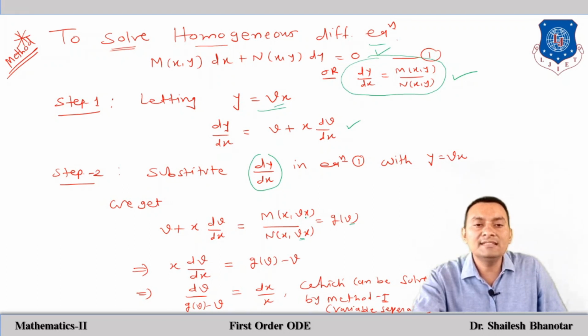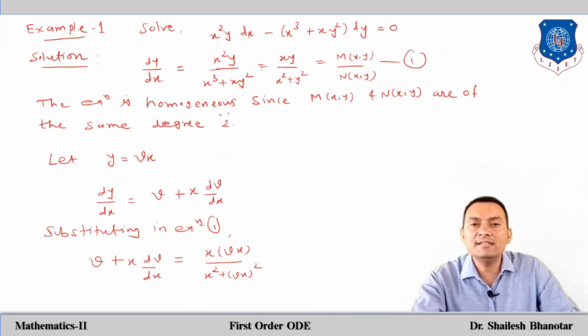So if I say this function is nothing but g of v, then I will have x times dv by dx is equal to g of v minus v. And now it is very easy to apply the variable separable method, and after that we can solve for the final answer. So let us understand the first question.